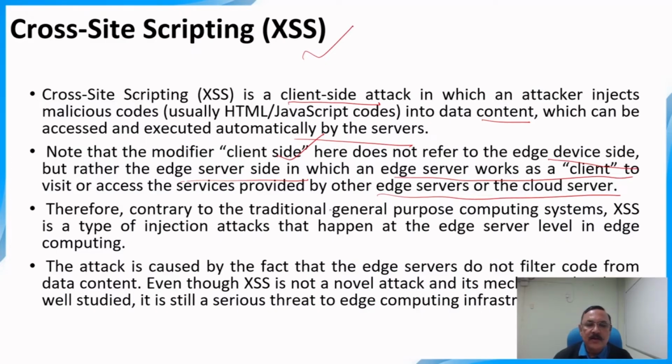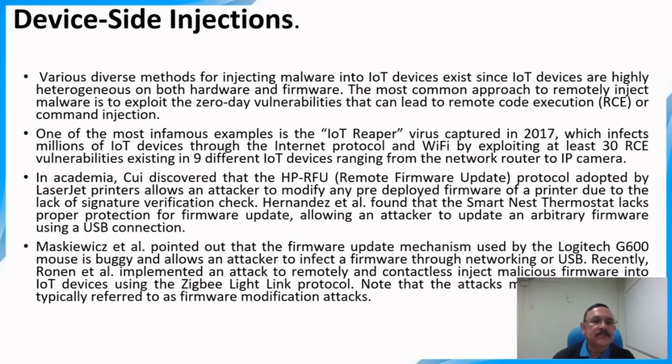Therefore, contrary to the traditional general purpose computing system, XSS is a type of injection attack that happens at the edge server level. The attack is caused by the fact that the edge servers do not filter the code from the data content. XSS is not a novel attack and its mechanism has been studied. It is a serious threat to the edge computing infrastructure.